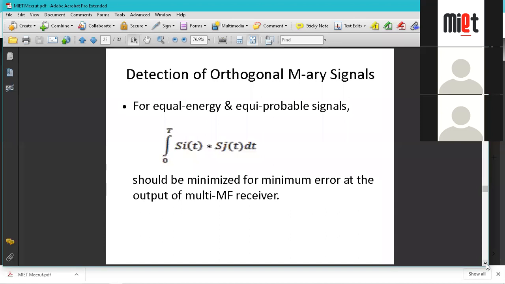If we transmit orthogonal signals, then their detection will be comparatively much easier, because this is the inherent property of orthogonal signals. So this is one solution. Let's go to the next one.